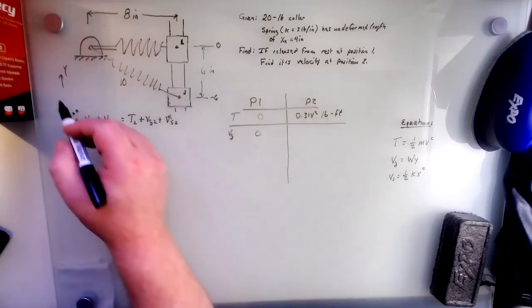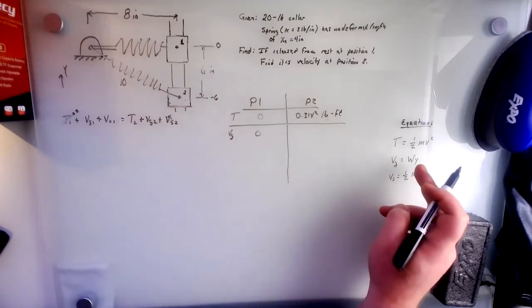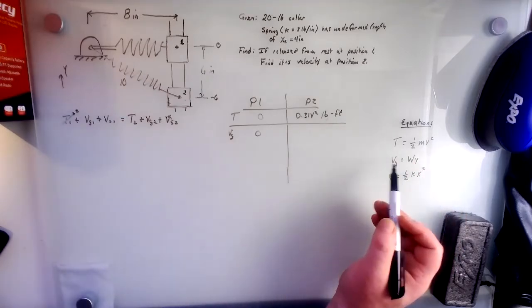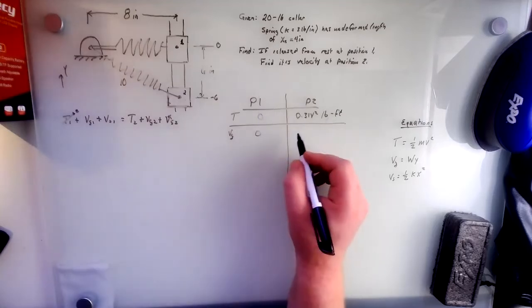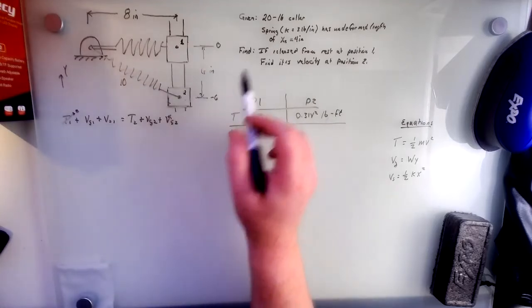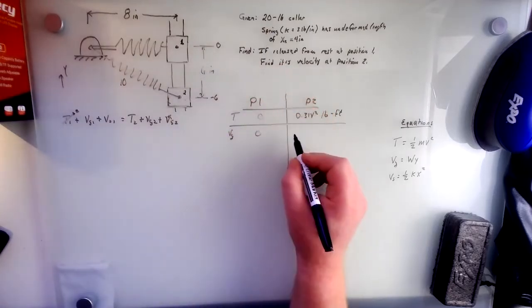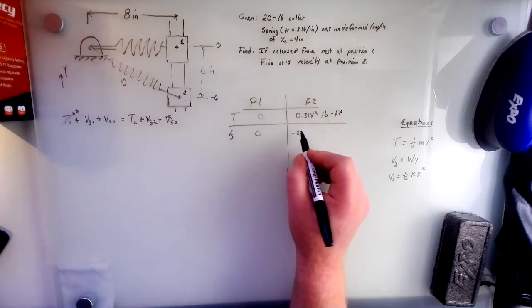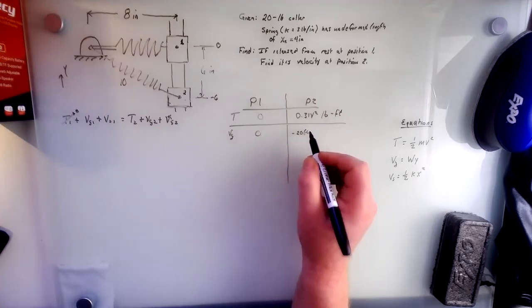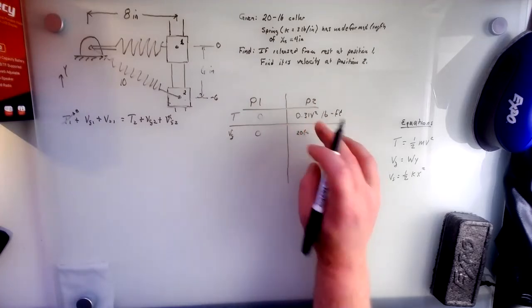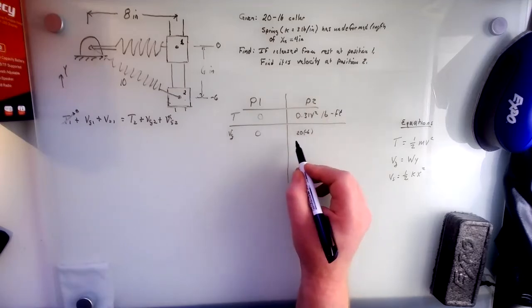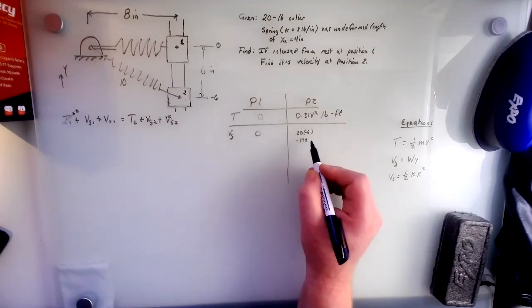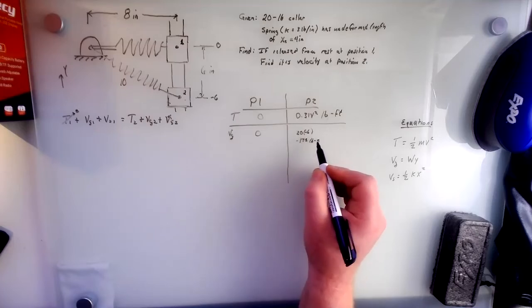The weight is acting downward, so this is negative: minus 20 times 6, that's minus 120 pound inches.